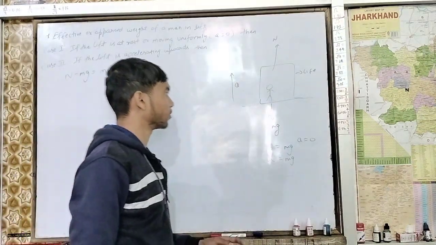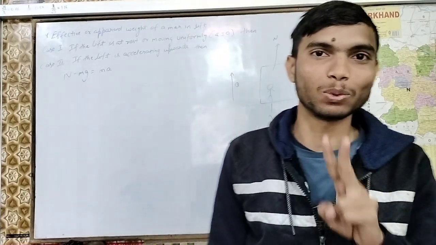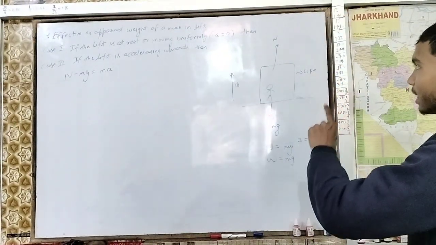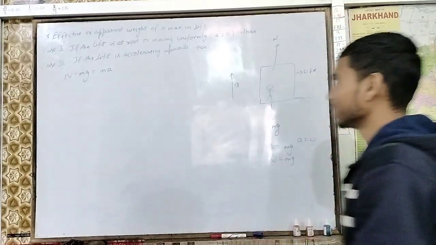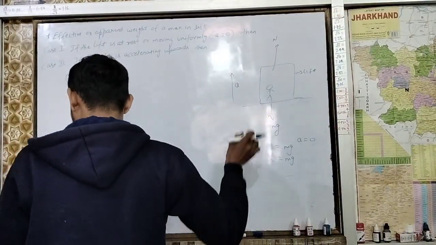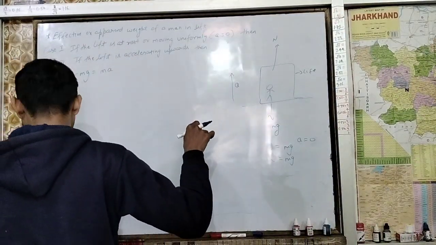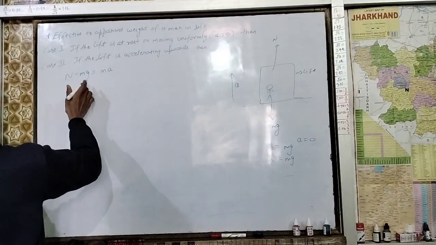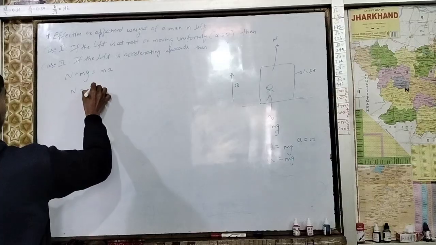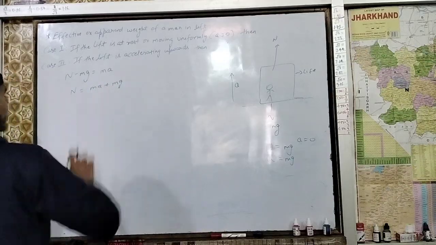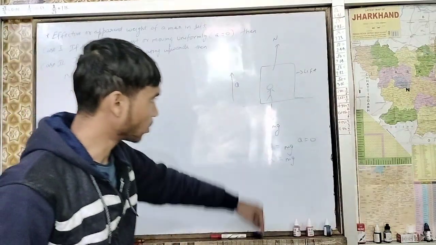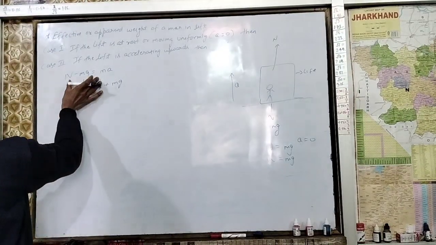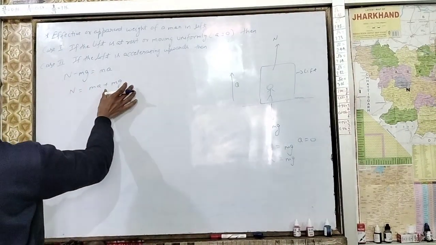Remember, we have two accelerations. a is upward and g is downward. So this equation will become N is equal to ma plus mg. There are two accelerations. So this equation can be written as N is equal to ma plus mg.